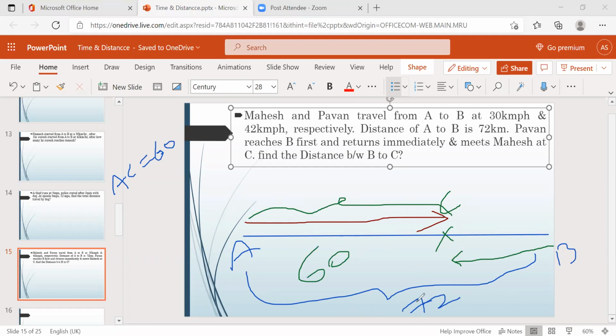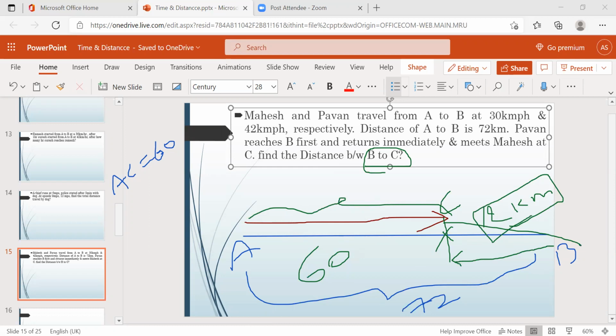The total is 72 and this part is 60. So 72 minus 60 is 12 kilometers. What they're asking is the distance from B to C, and B to C is 12 kilometers.